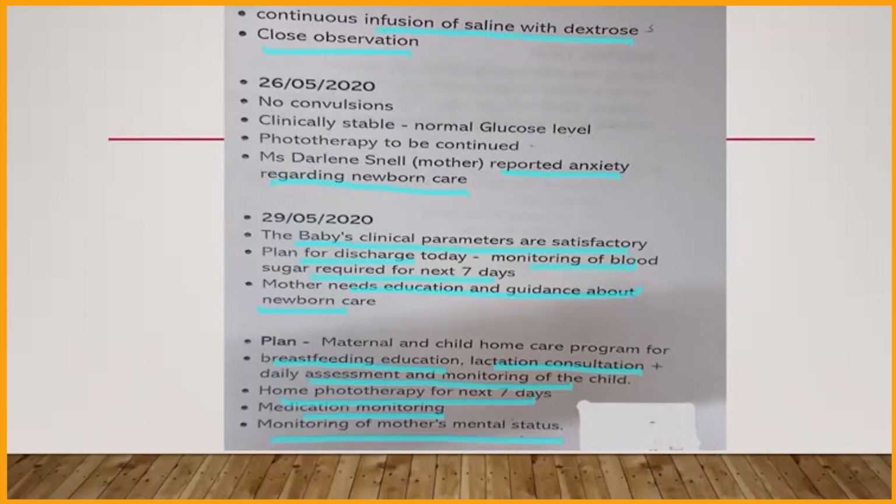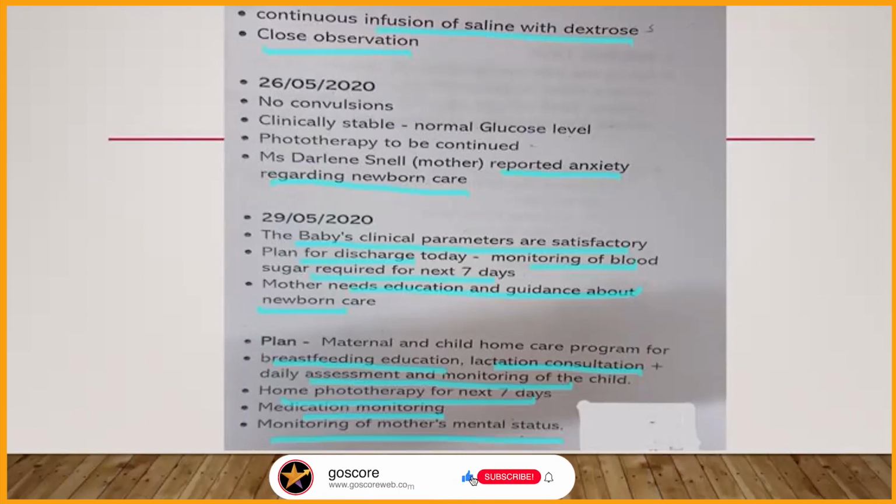Why do you have to write home care program? Instead, you can straight away go to the plan. Kindly monitor the mother's mental status and arrange breastfeeding education as well as lactation consultation. That is better. Please educate Mrs. Snell regarding breastfeeding and arrange a lactation consultation. Full stop. If you want to, you can write like this.